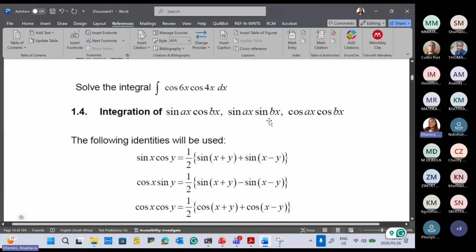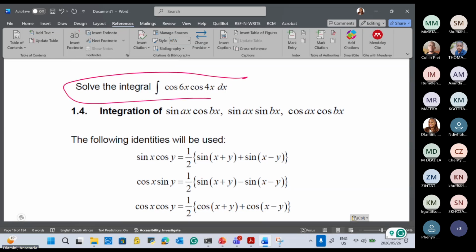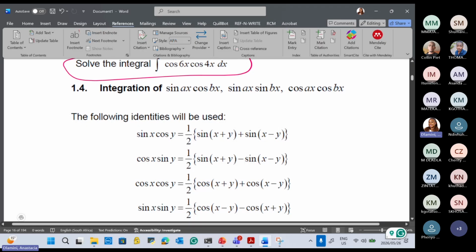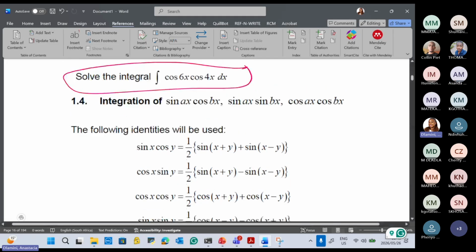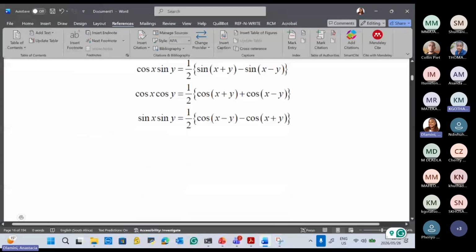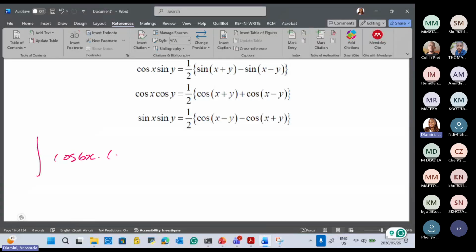Now which one is this one? Let's look. Number 1, number 2, number 3, number 4. Number 3, so 6 and 4. This is the integral of cos of 6x times cos of 4x dx.